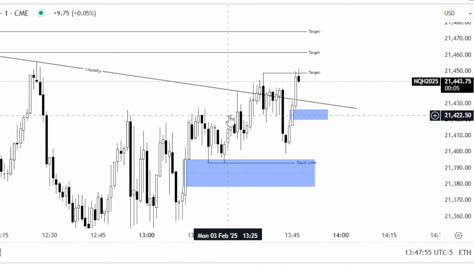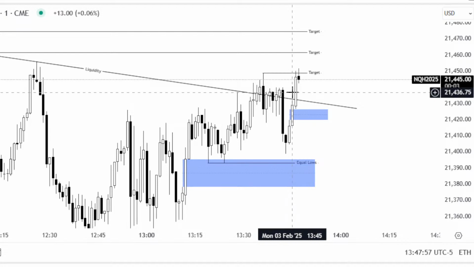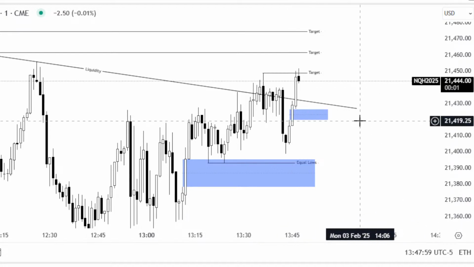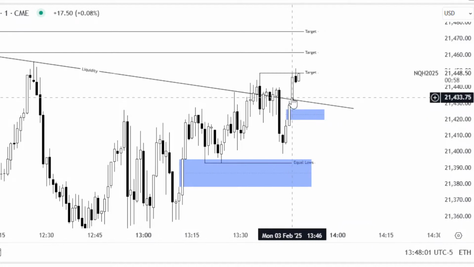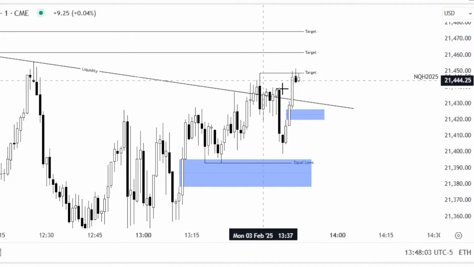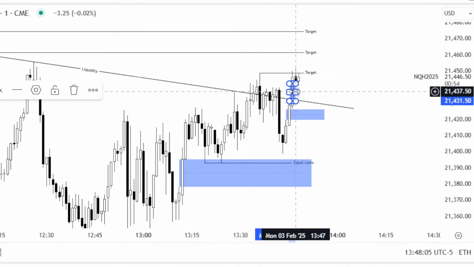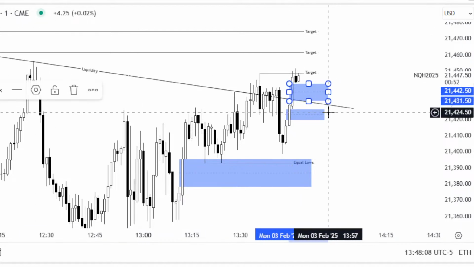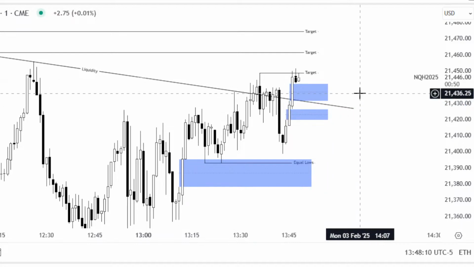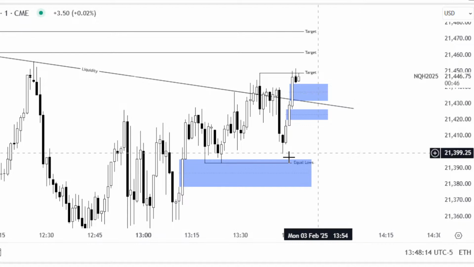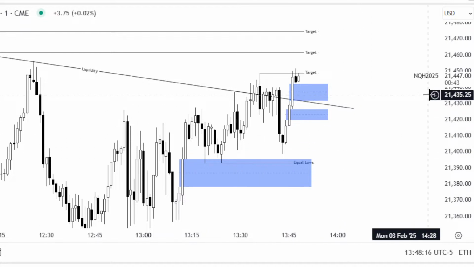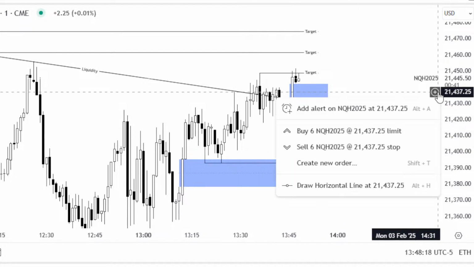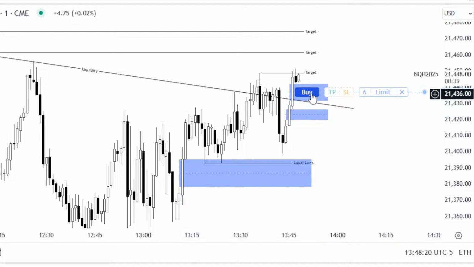So now we've got two fair value gaps. Let's see, this one test to 50%.